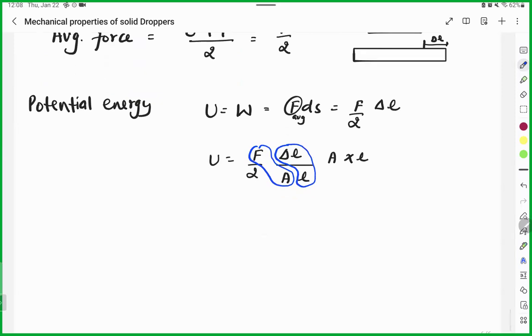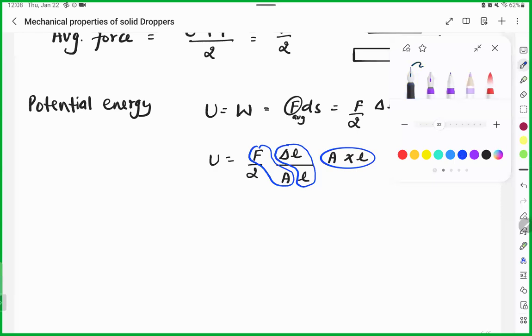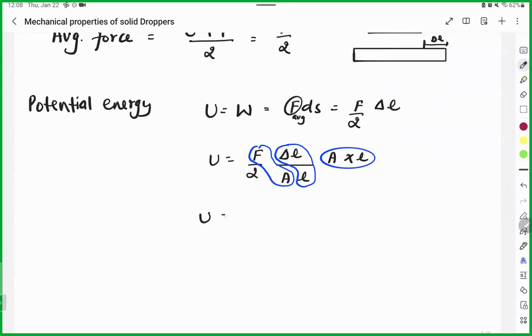And this, Sarah, what is this area into length? Volume. So if you take this, it will be 1 by 2. F by A is stress. Delta L by L is strain. And area into length is volume.